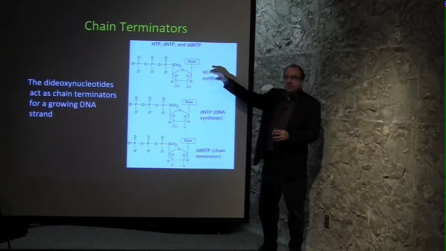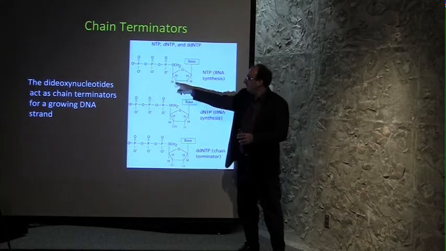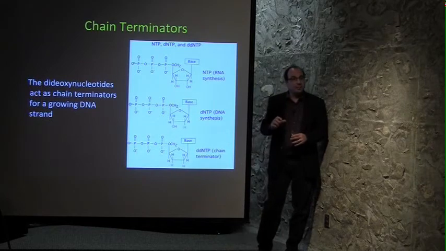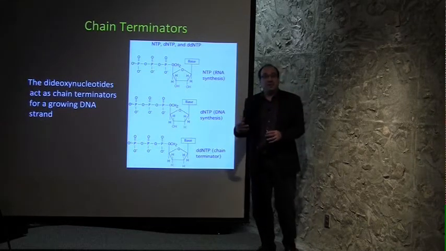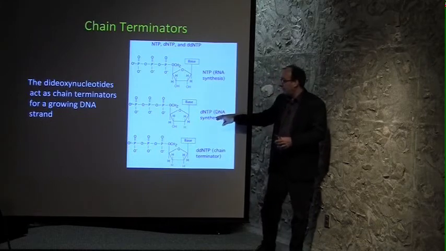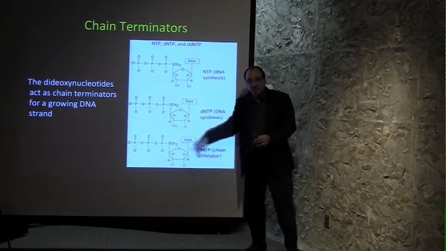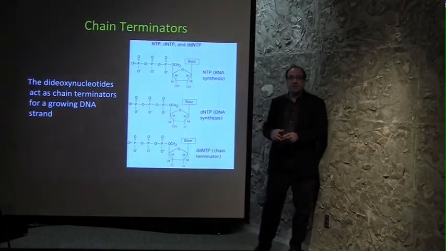Well, if we look at ribonucleosides, we have a base here, and you can see that it contains two hydroxyl groups, in particular a hydroxyl group on the 3' carbon. Nucleotides in DNA, deoxynucleosides, contain a single hydroxyl group on the 3' carbon. Chain terminators lack a hydroxyl group on the 3' carbon.